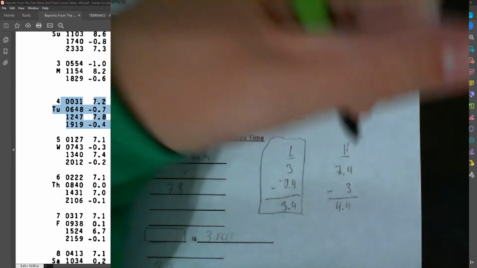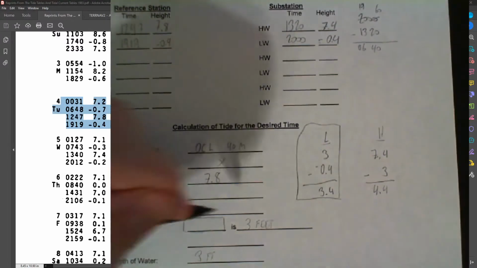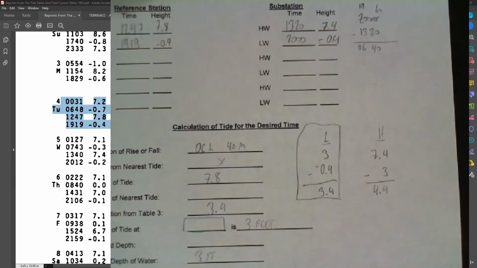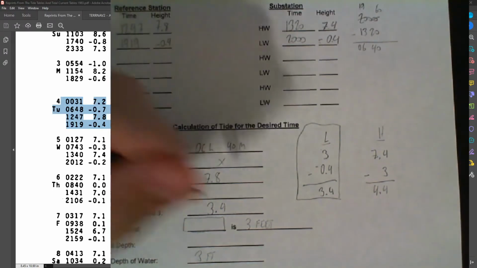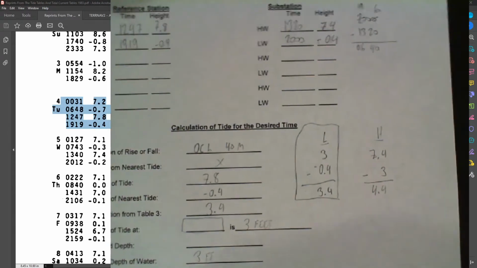Now that we have that, 3.4 is also our correction. Table 3, 3.4. And the height of the nearest tide is low water, and that would be negative 0.4. Makes sense so far.